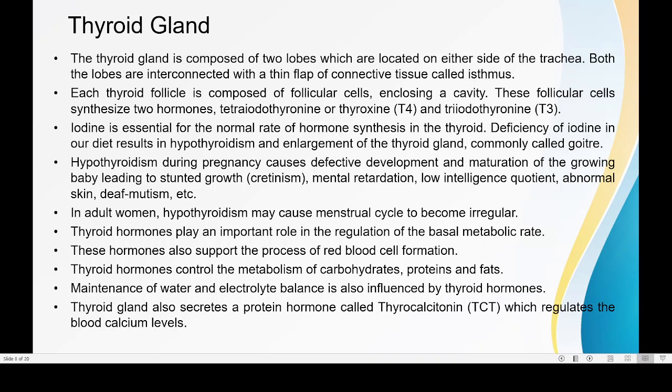Then in adult women, hypothyroidism can cause the menstrual cycle to become irregular. This is a very common problem. Sometimes women may have hypothyroidism, sometimes they have hyperthyroidism. In both cases, it is problematic, especially with regard to the menstrual cycle. Thyroxine or thyroid hormones are very important hormones for our body. It is a hormone that affects the entire system of our body.